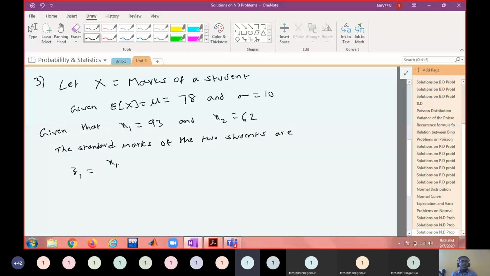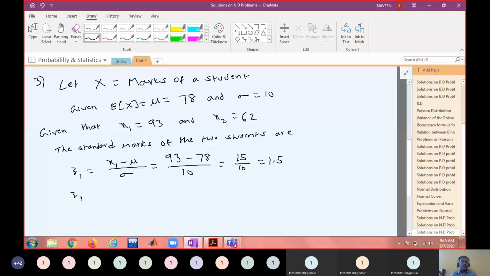X1 minus mu by sigma. Am I right? In our case, X1 is 93 minus mu, which is 78, divided by sigma 10. So what is 93 minus 78? 15. 15 by 10 is equal to 1.5, which is the standard mark.